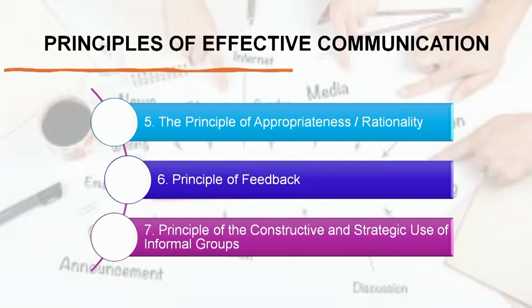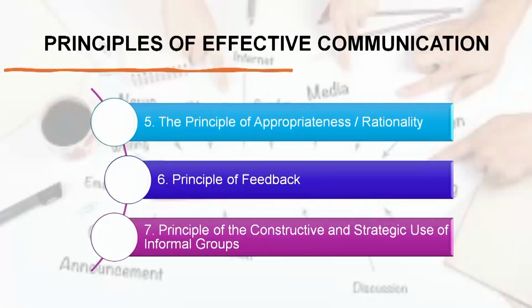Principle of feedback. As we are again and again saying, communication is a two-way process. The feedback or the response is very important for effective communication. The sender must know how much he has been able to convey to the recipient, or what the recipient has actually understood. The recipient's message must be easily transferable to the sender, as the original communication was done by the sender.